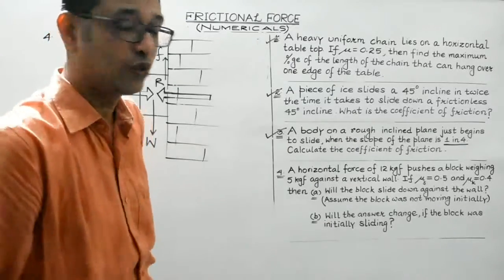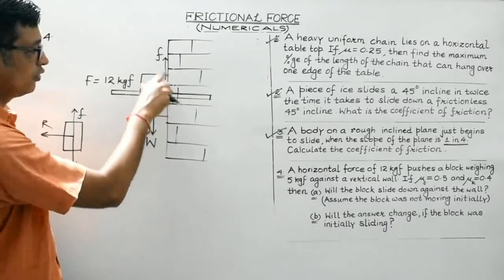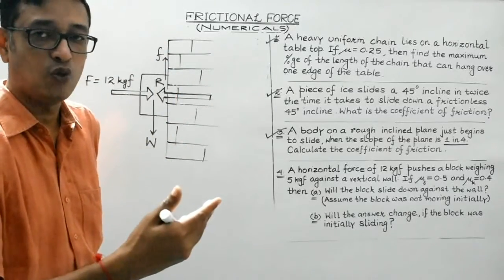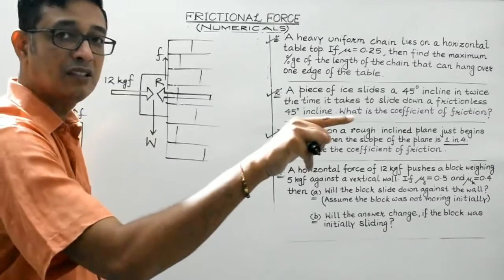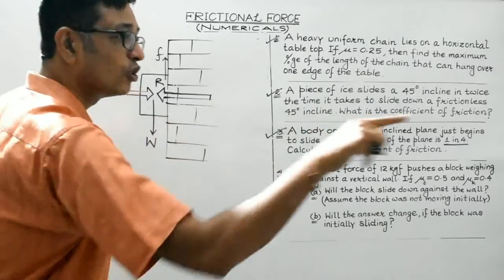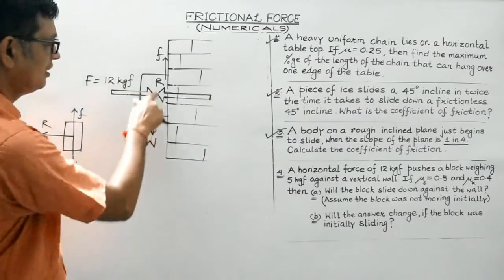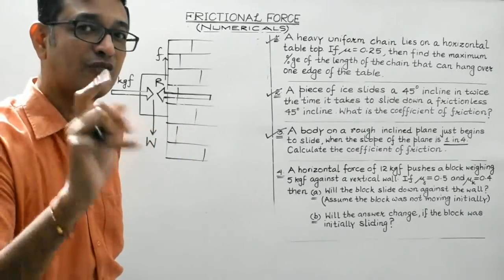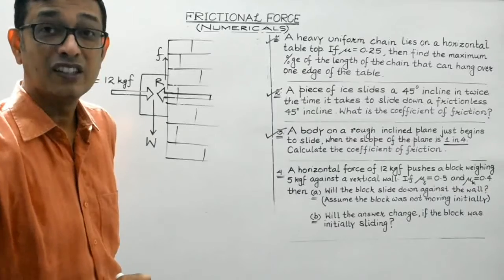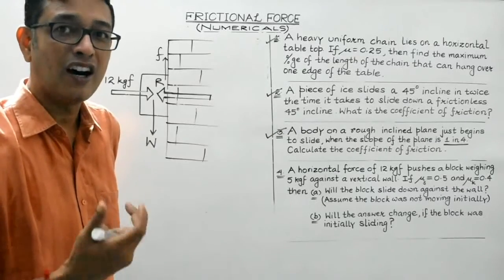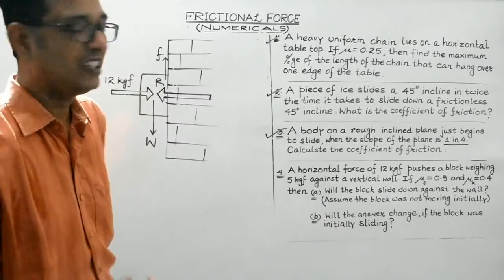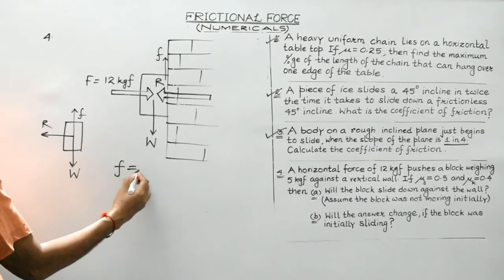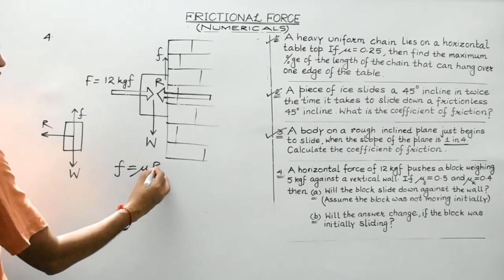And we are aware, students, that in case of a body pressed against a vertical wall by applying a horizontal force, the weight of the body will have no role to play in its friction. So in this case, F is equal to mu R, where R is the normal reaction, as per the laws of friction.